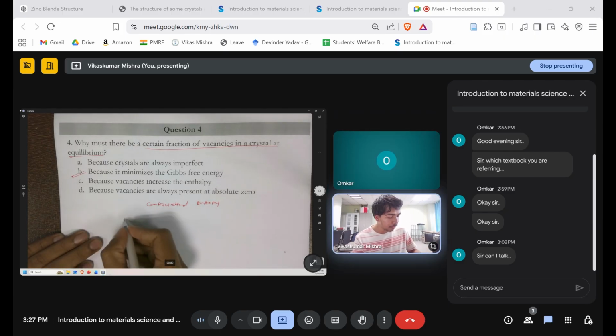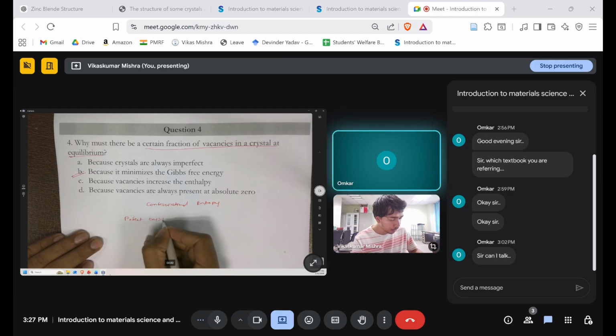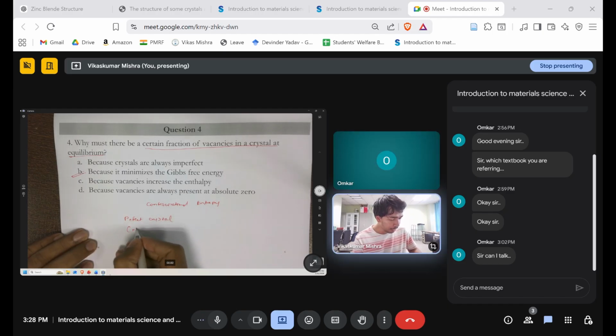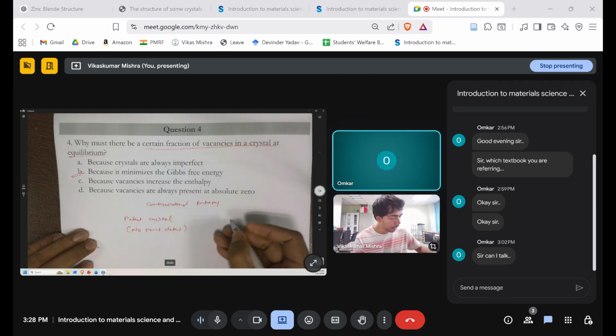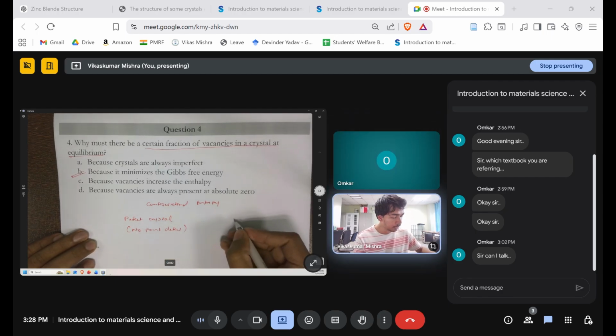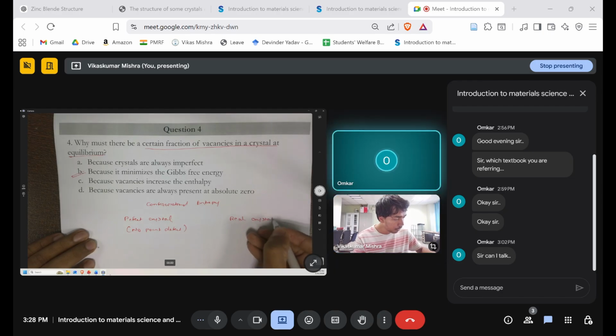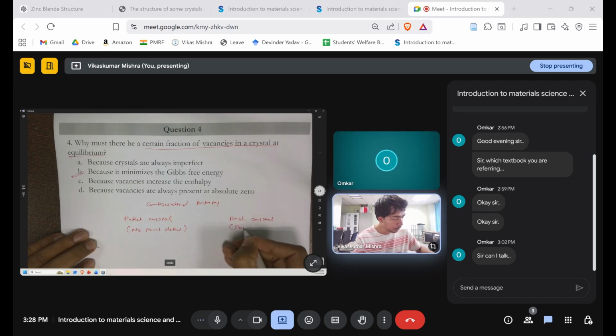So the perfect crystal, if we talk about, is where there is no point defect. And the second case is the real crystal, which has the point defect.